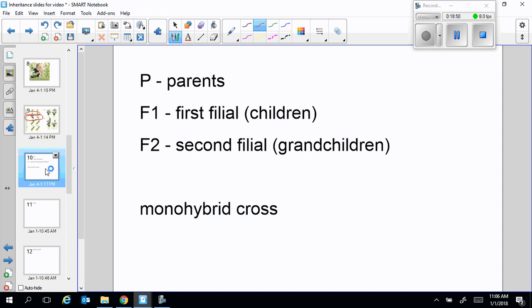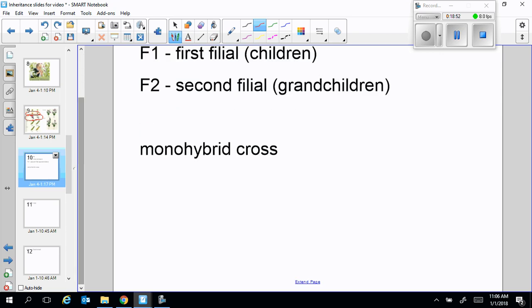So if I do a monohybrid cross, let's do the green and the yellow. He used P's a lot, as long as you can make your uppercase and your lowercase look different. Actually, no, I'm not going to use P's because I know mine don't look very different.